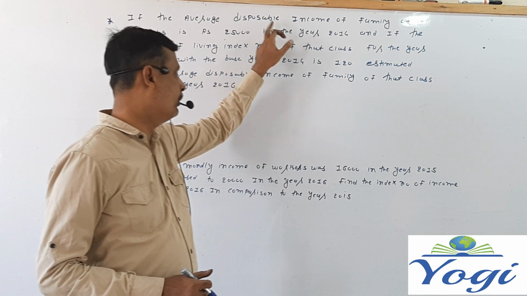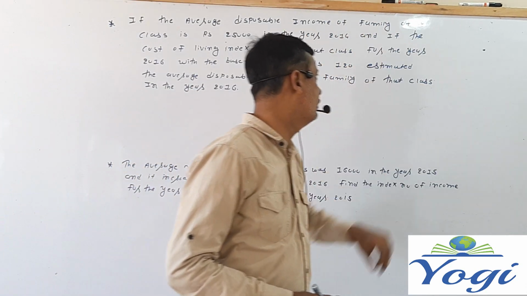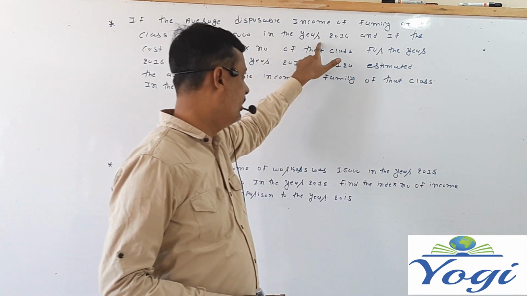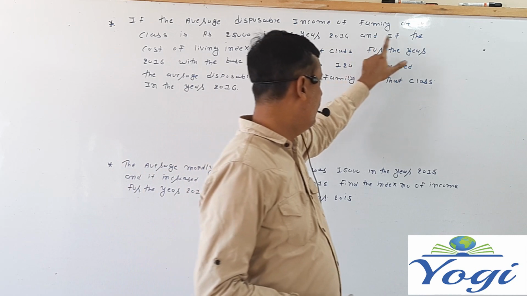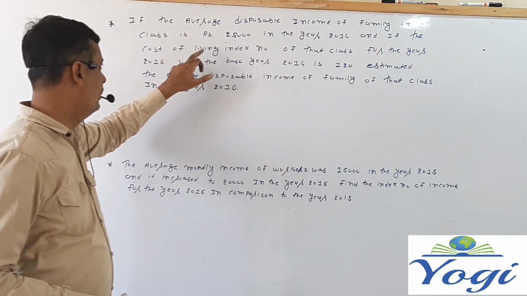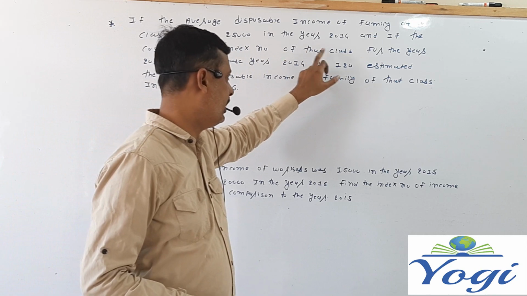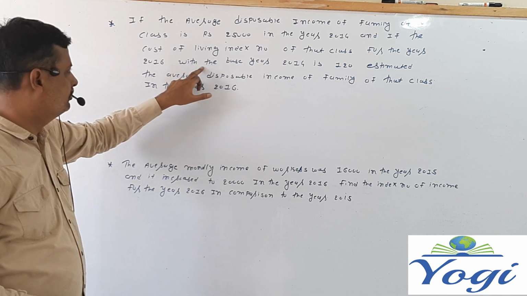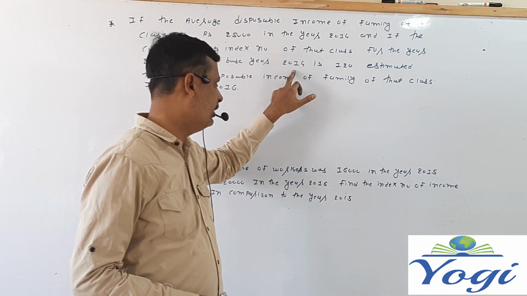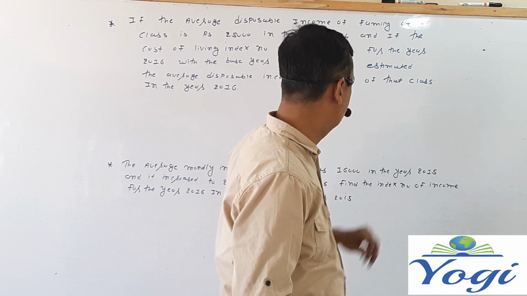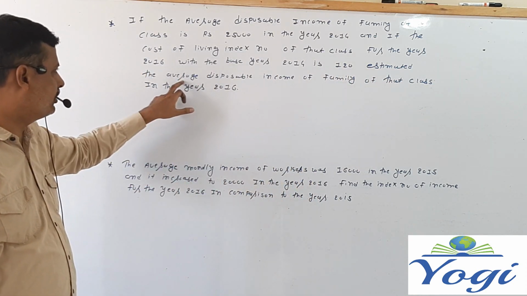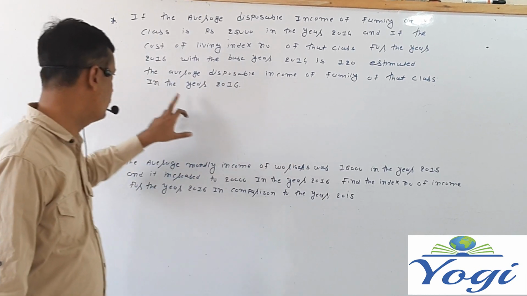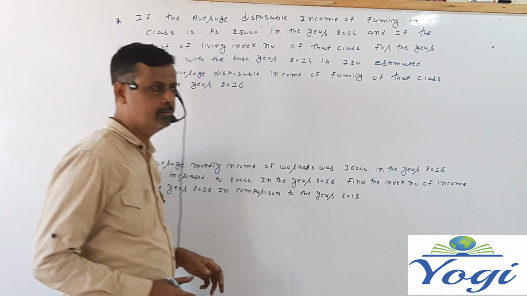If the average disposable income of a family of a class is rupees 25,000 in the year 2014, and if the cost of living index number of that class for the year 2016 with the base year 2014 is 120, estimate the average disposable income of a family of that class in the year 2016.